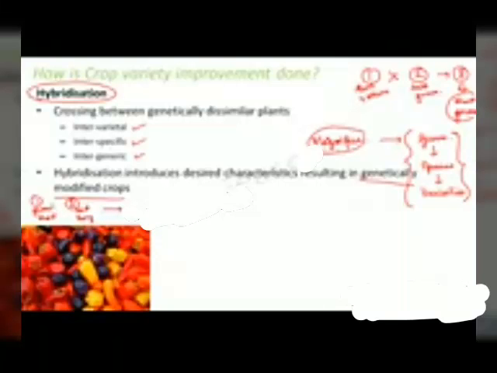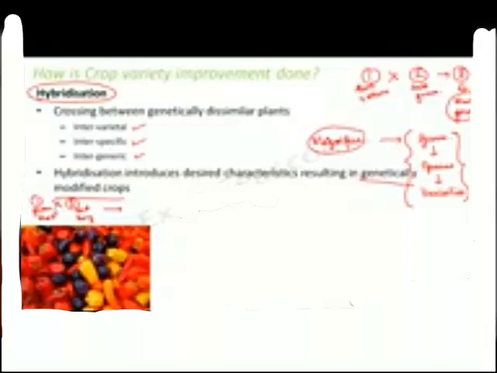Now when you cause hybridization between these two, 1 and 2, when the crossing is done between 1 and 2, maybe you get a third variety which is green and long. Or it is also possible that the variety you get is red and short. Correct? So that means by hybridization you got something which was not naturally available. Correct? So this is how hybridization helps. So maybe if you think that long capsicums are better, you cross it accordingly.